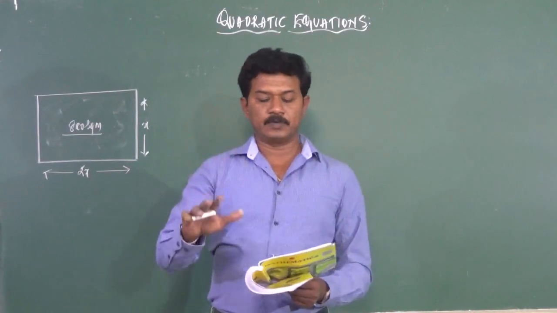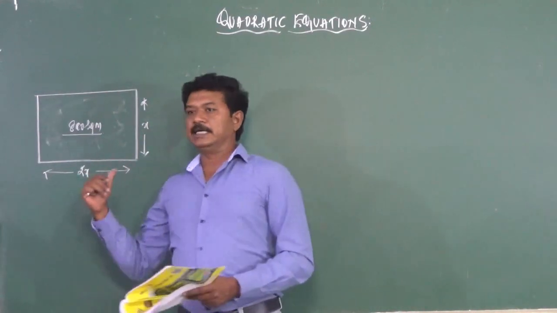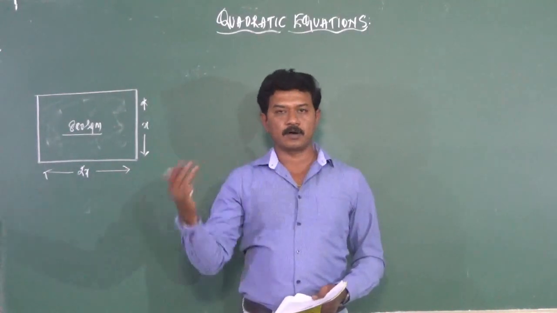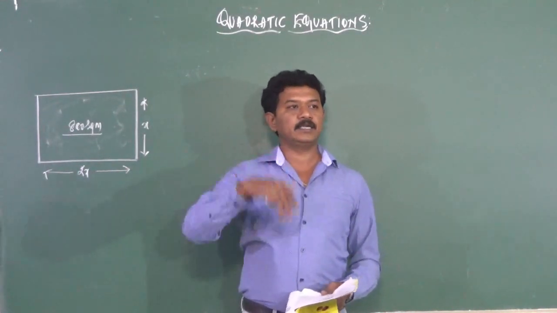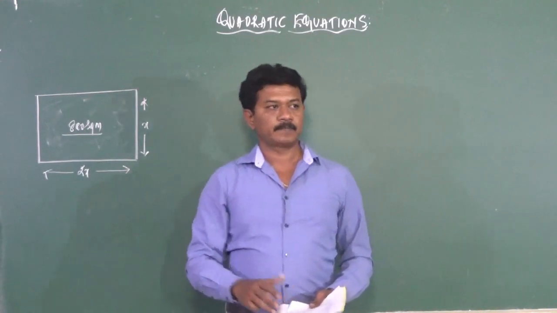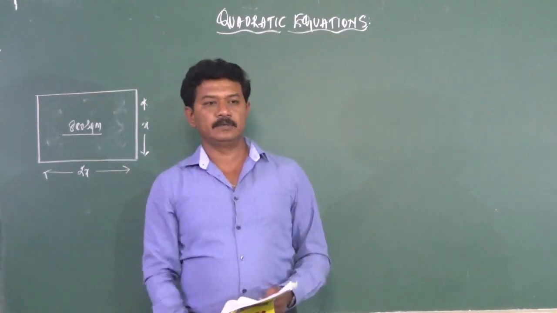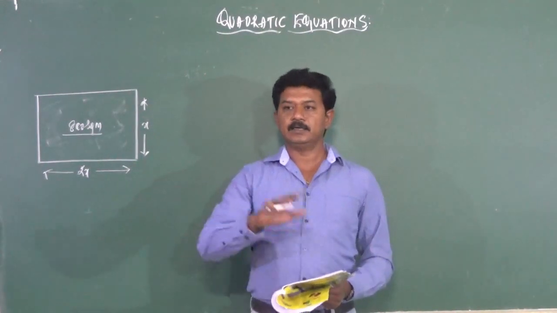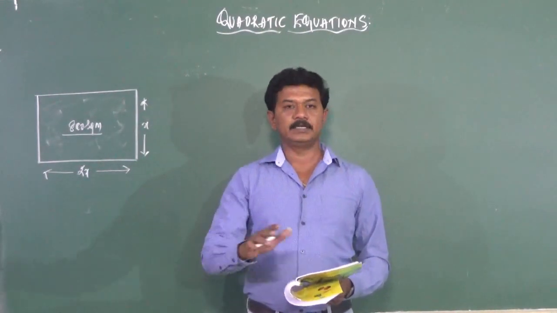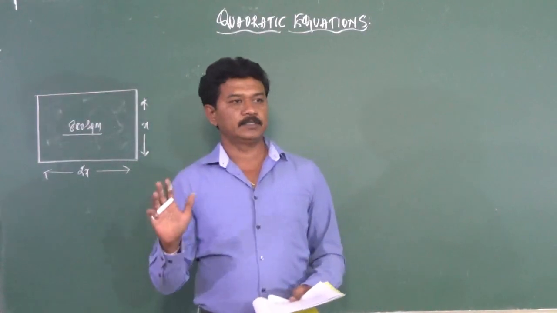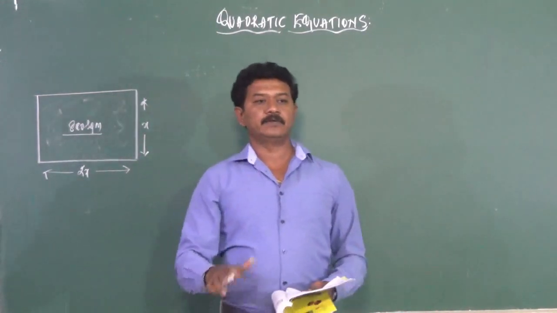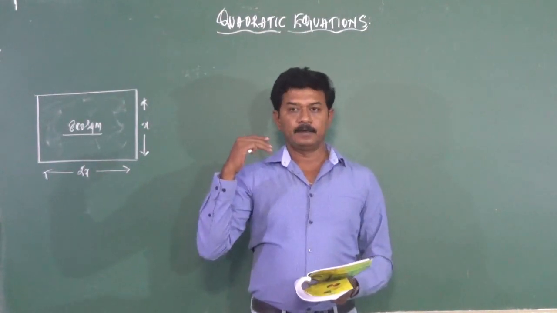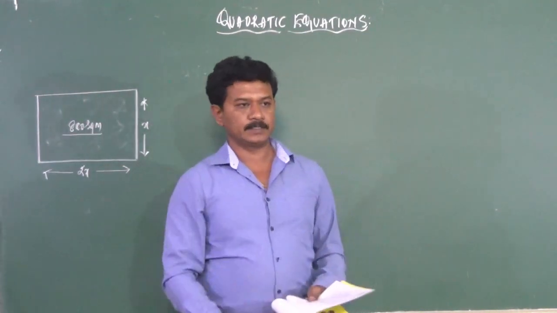If it doesn't give us imaginary or complex roots, then it will give us real roots, and then it is possible to design the mango grove. Or if it is giving us non-real roots, then it is not possible to design it. To decide this, first we have to find the nature of the roots, right? Okay.